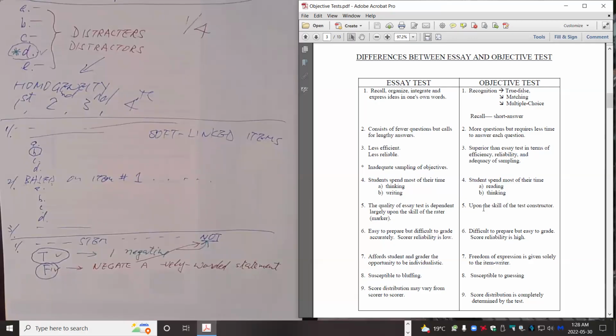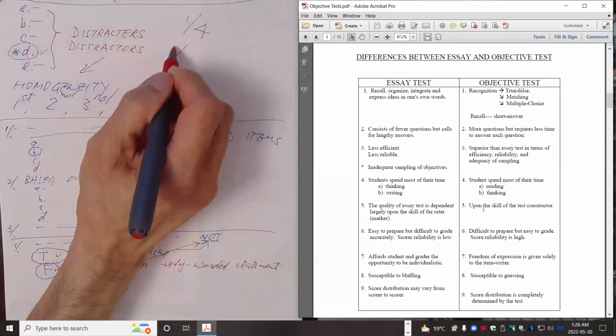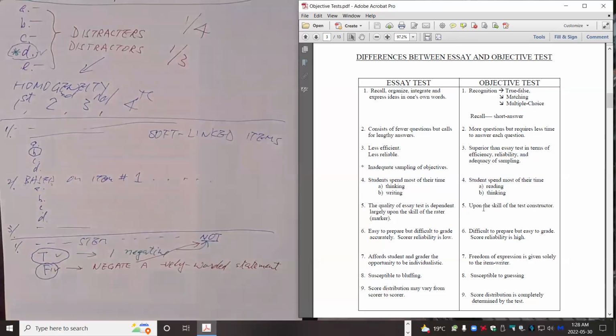If there is no 1-4 split or 1-3 split, if there are no secondary cues from test wiseness, then all those test items will be very good. Essay tests are easy to prepare, 6 or 7 items. Back then, I could come up with those the night before while I'm taking a shower.